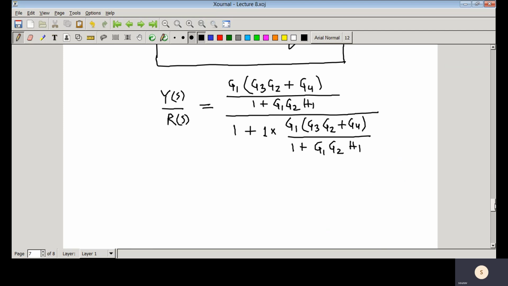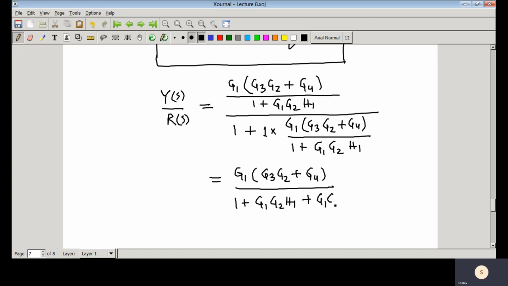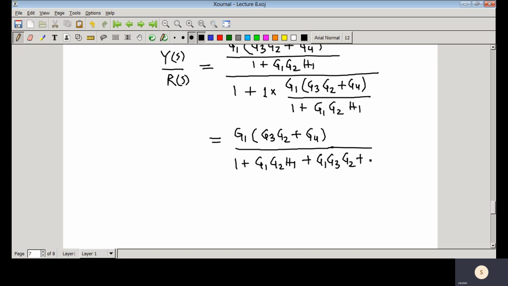Now if you simplify that, you will get G1 into G3 G2 plus G4 over 1 plus G1 G2 H1 plus G1 G3 G2 plus G1 G4.